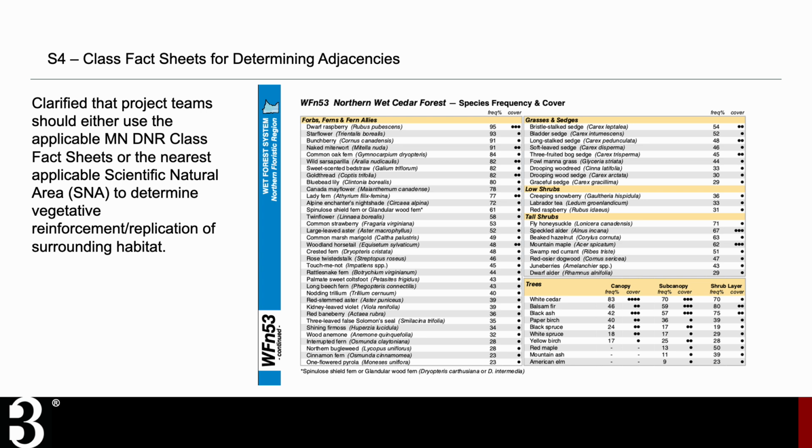So you can either use the class fact sheet or the nearest SNA to determine the most appropriate vegetative species to include on site. Our intent with this change to the guidelines is to more closely relate surrounding ecosystems to those provided on the project site.